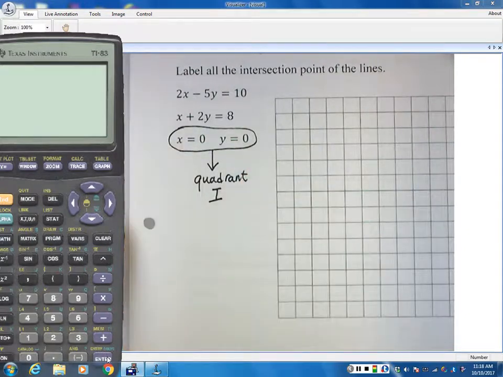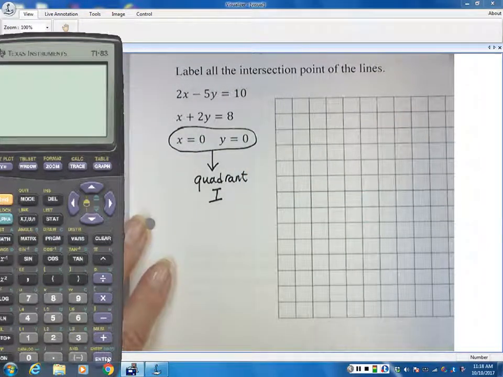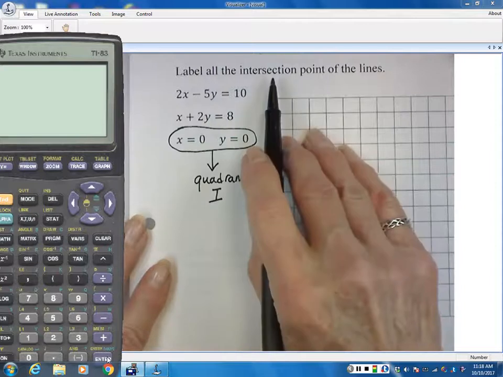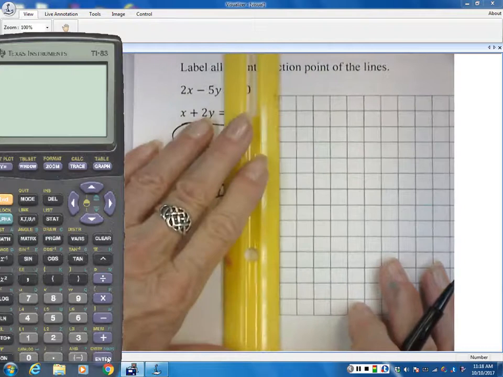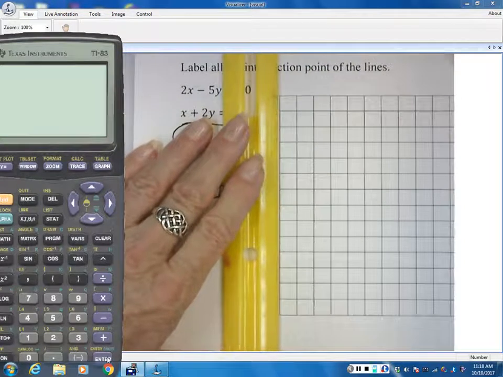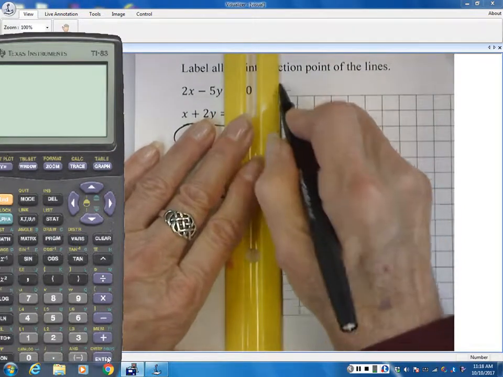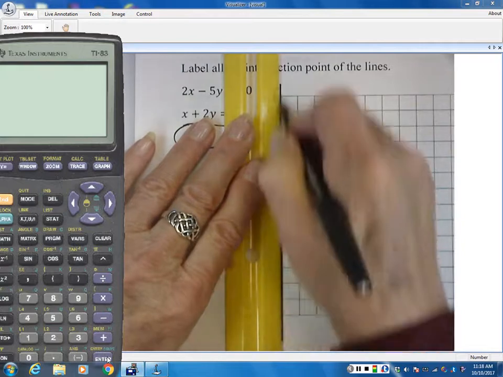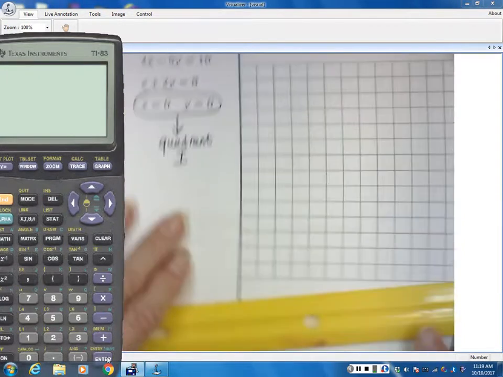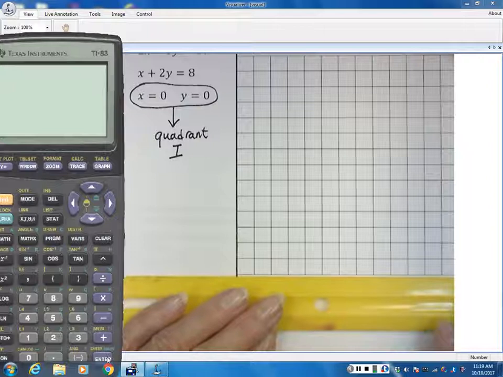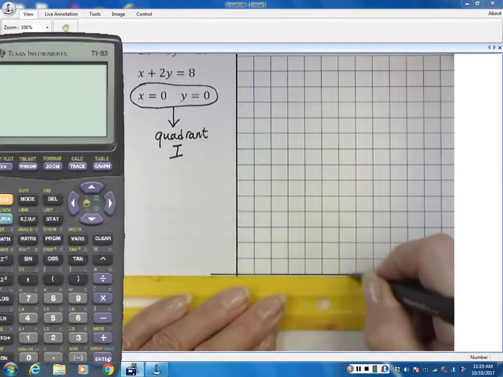And quadrant 1 is where x is positive and y is positive. Okay? So rather than mess with a lot of lines that I'm not going to need, I'm just going to go ahead and draw my x-axis on the edge of the graph. And my y-axis is going to be on the edge of the graph. So I'm going to basically just use the edges.